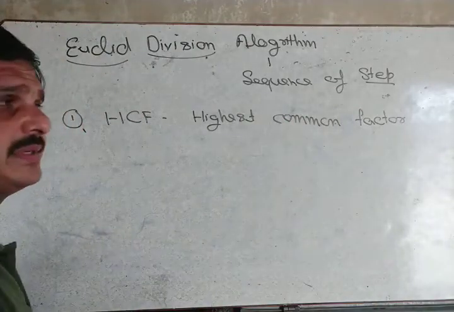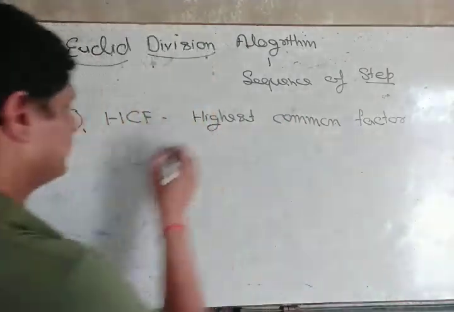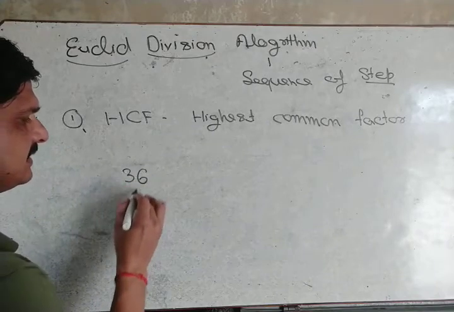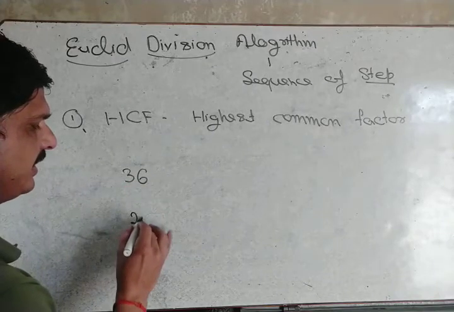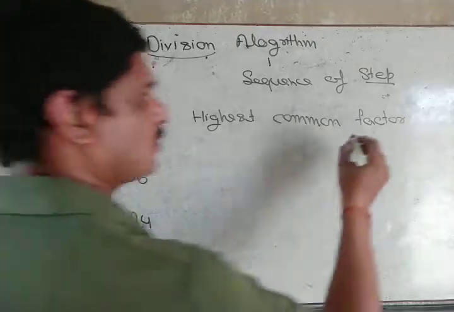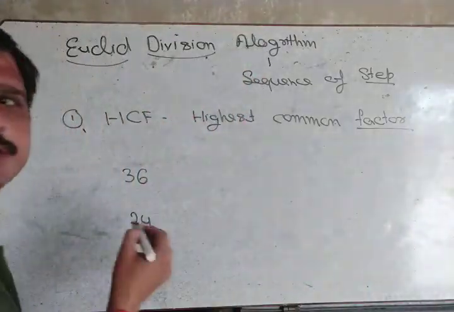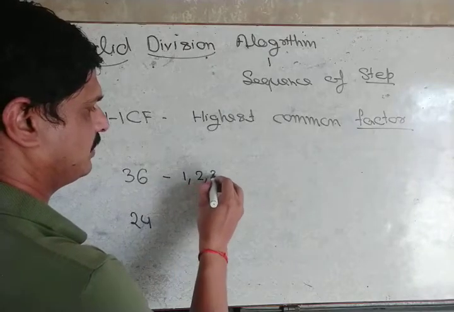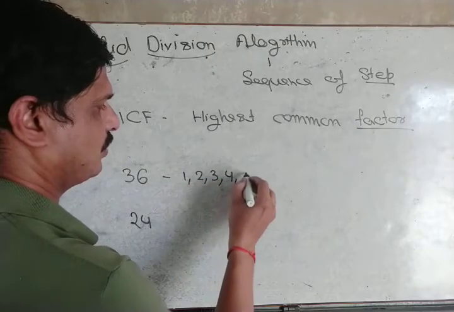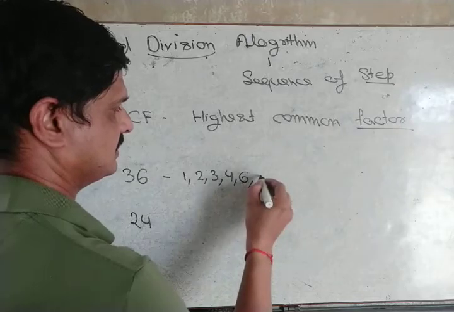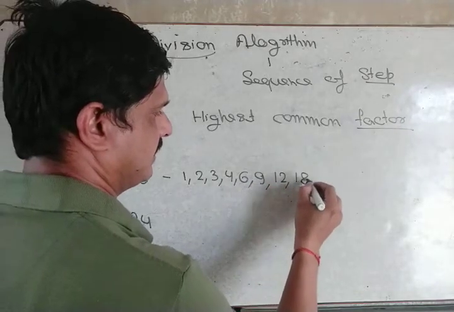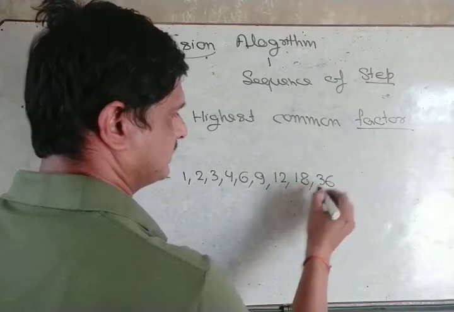Highest common factor means, first of all, if we consider two numbers, let us say 36 and 24. So we are talking about factors. Let us see factors of 36: 1, 2, 3, 4, 6, 9, 12, 18 and 36.